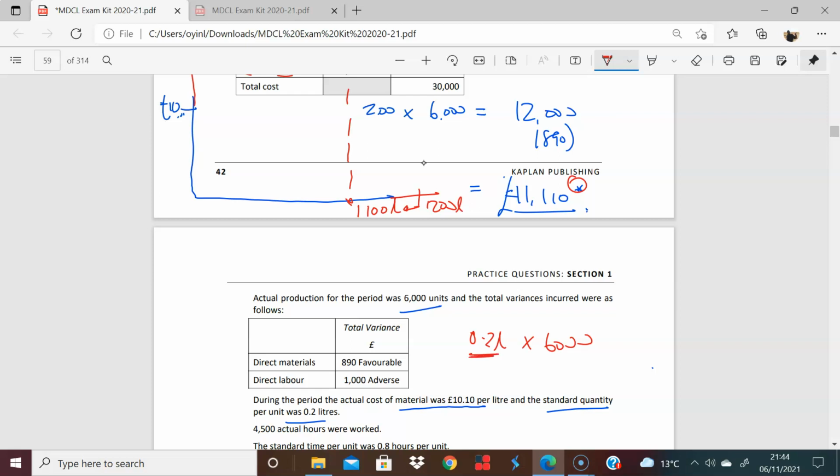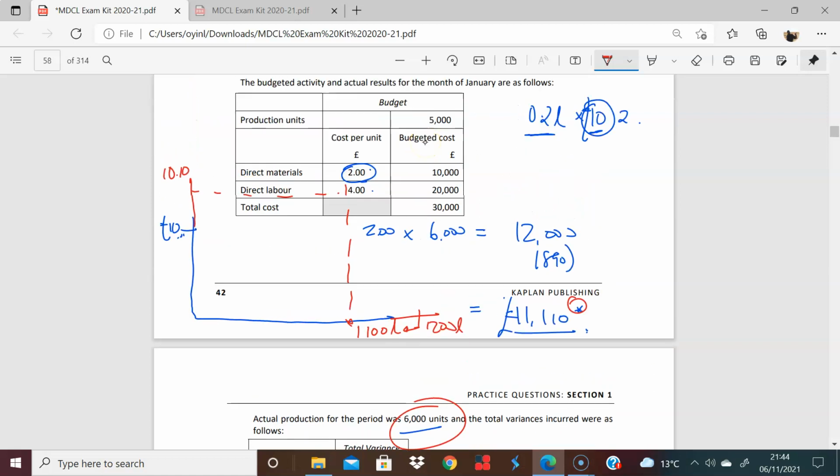Because 0.2 liters per unit for 6,000 units, you're supposed to use 1,200 liters. So I'll just clean this place up a little and tidy this up so that my graphs are now very clear. So, these are my numbers. These are the key numbers that I need and I could do what I like now.